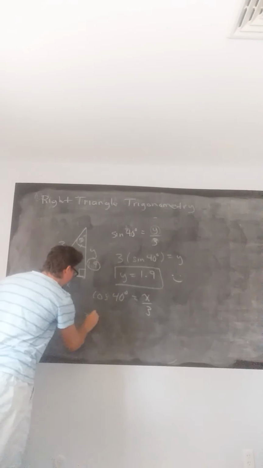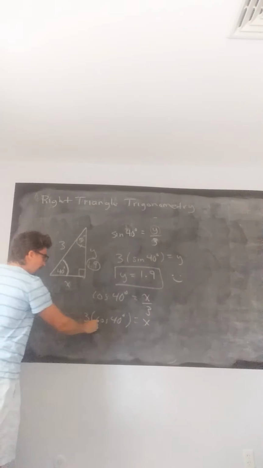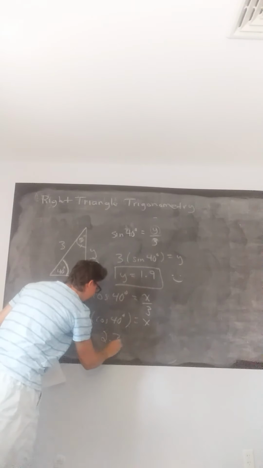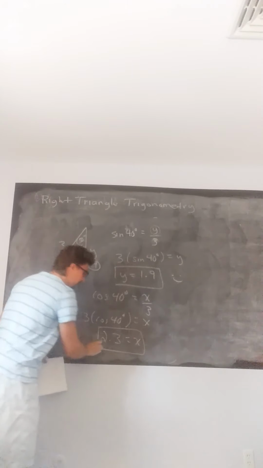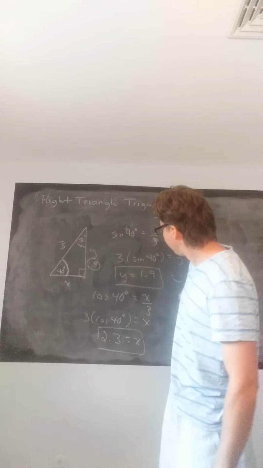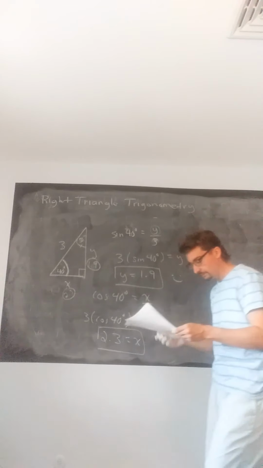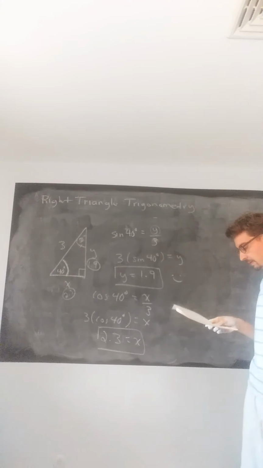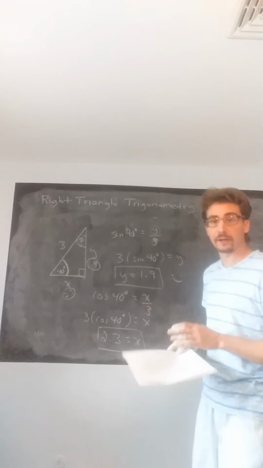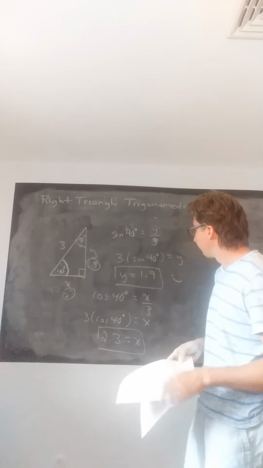So once again, we'll say 3 times cosine of 40 degrees is x. We'll use our calculator, cosine of 40 times 3, that's going to give us 2.3. So now we use just all trig to figure out x and y. Okay? So this might be a good place to pause the video to go back and see if you could figure out the rest of it on your own.